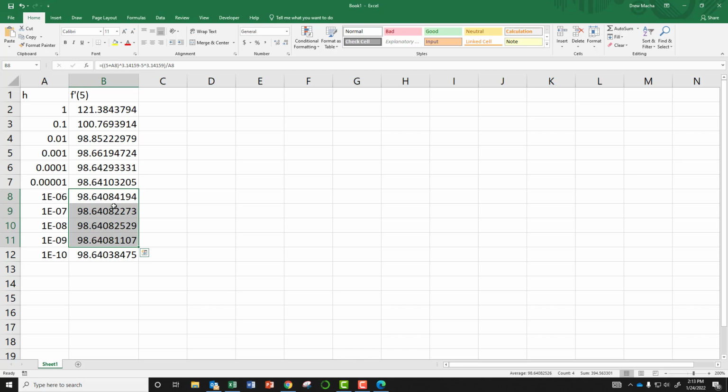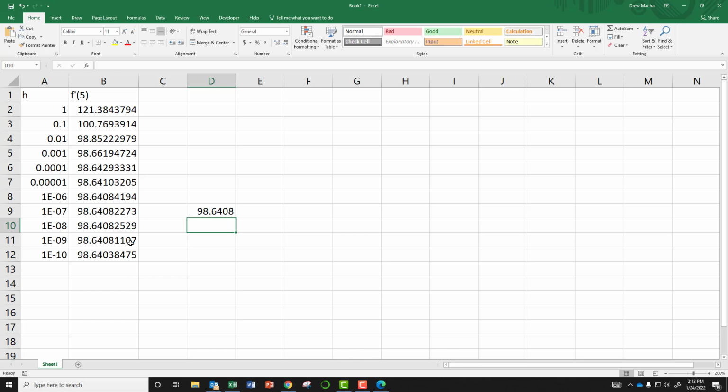So I actually have a very high degree of confidence that the first 6 digits of accuracy of this particular derivative, when I evaluate it at x equals 5, is 98.6408. And after that, these approximations of the derivative are disagreeing.